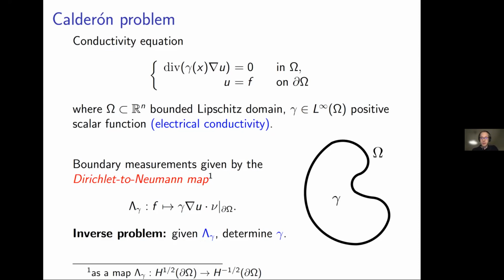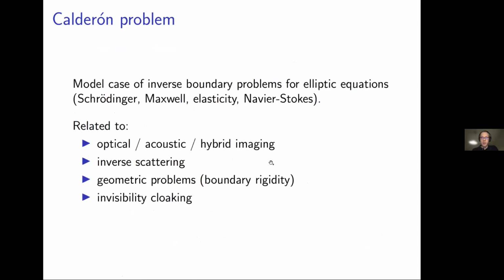And this is not just important because of its connection to electrical imaging. It turns out to be a model case for many inverse problems for elliptic equations like Schrödinger or Maxwell or stationary linearized elasticity or Navier-Stokes equations.